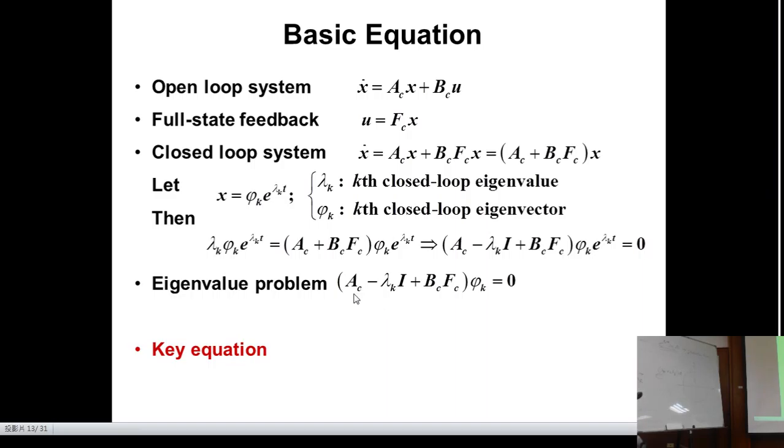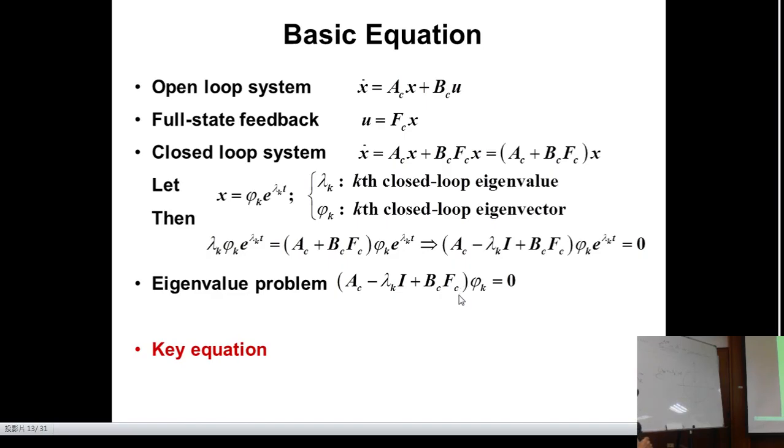So keep in mind, I keep saying that AC is real, it's a system matrix, it's given. Lambda k here is the desired eigenvalues. And BC is given. Based on these desired eigenvalues, I want to compute FC.